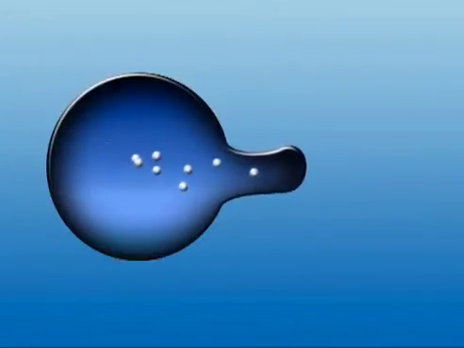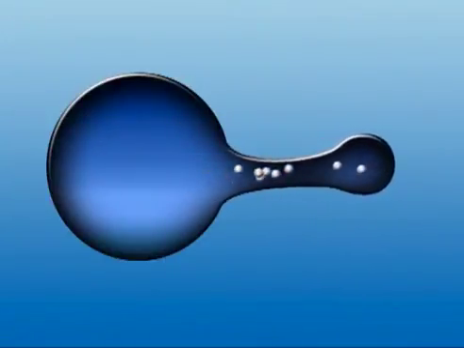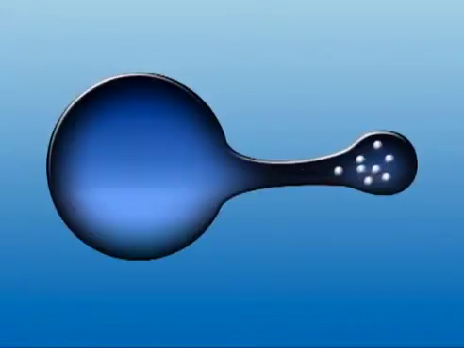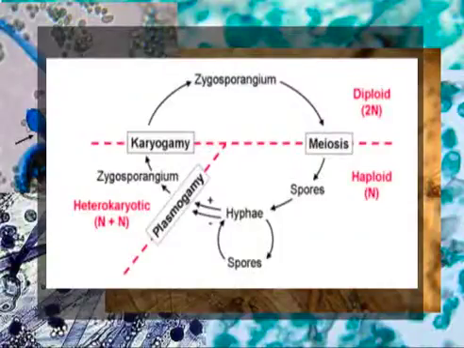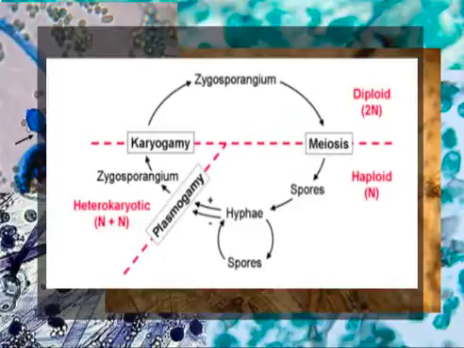Thus, the haploid stage is reverted back. All the nuclei in the zygospore migrate to the tip of the germinated zygosporangium. The contents of the zygosporangium differentiate into spores, which in turn germinate to establish a new haploid mycelium. Thus, the life cycle of Mucor is haplontic.